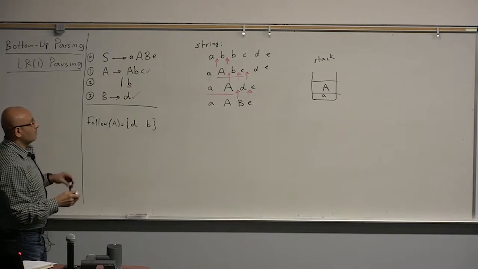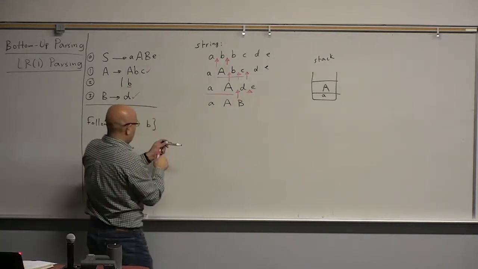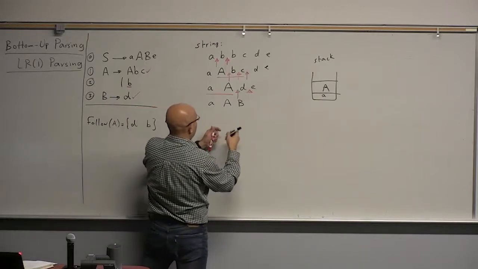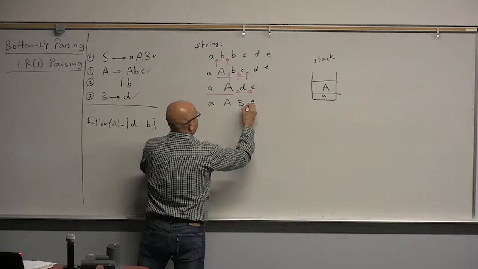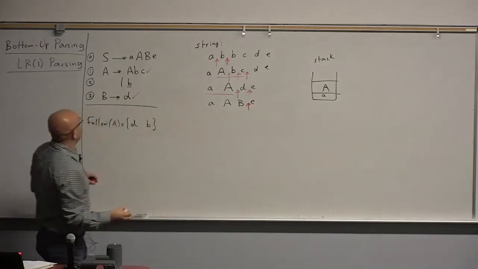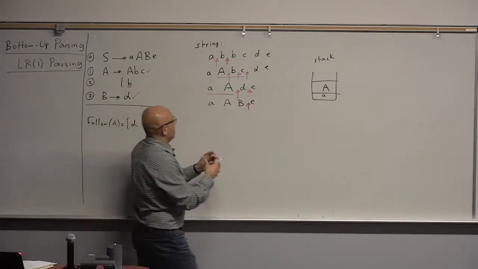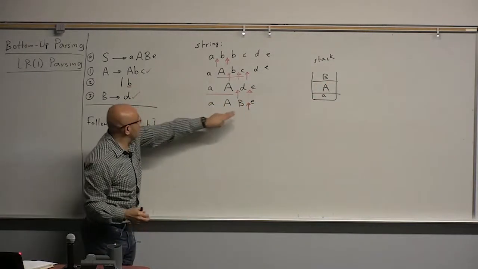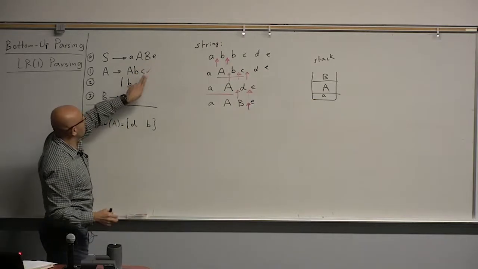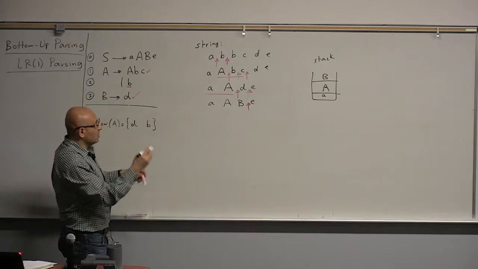and E. And now, sorry, I'm not there yet. So B and E. Okay, I don't have a rule that ends with a B. So this is going to be my stack, in fact, at this point. So I cannot reduce because there is no rule that ends with a big B. Okay, so I shift.